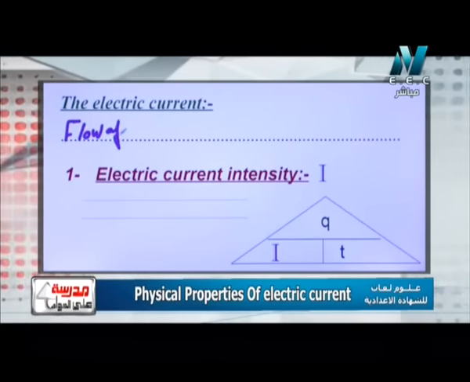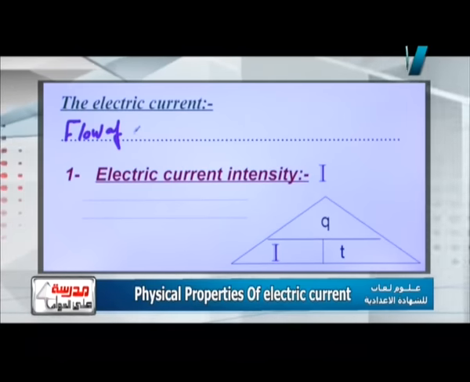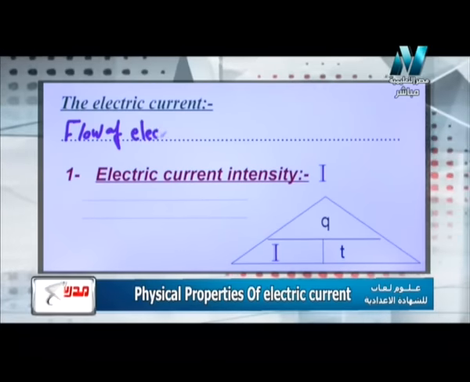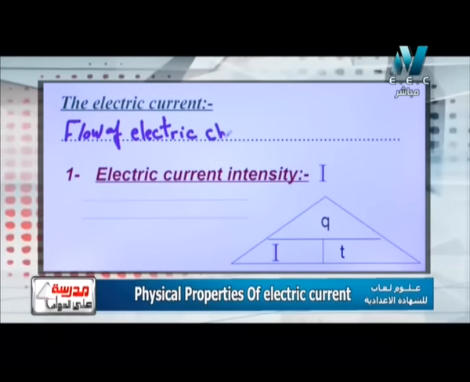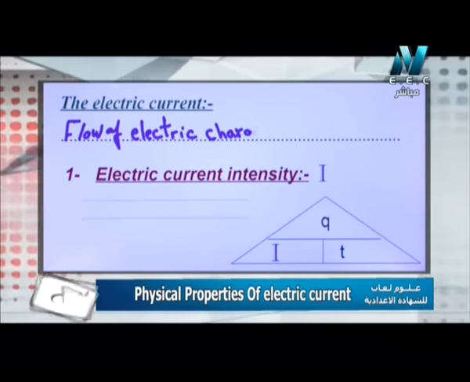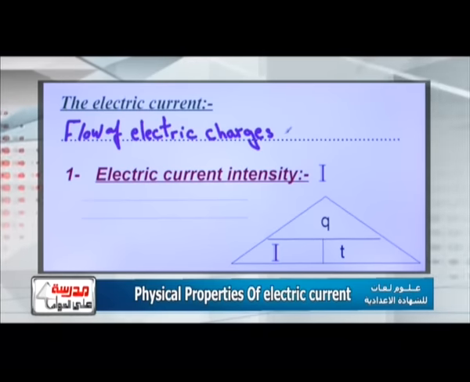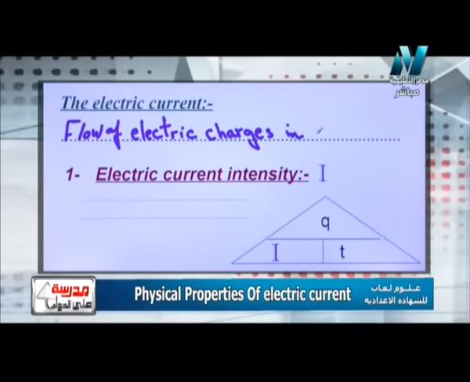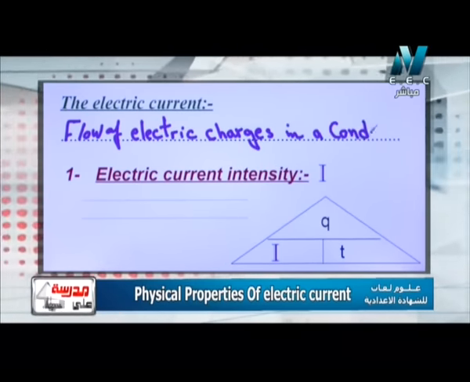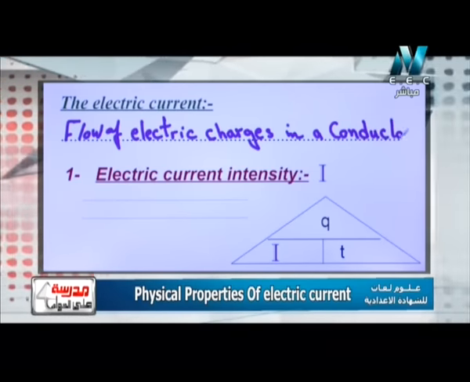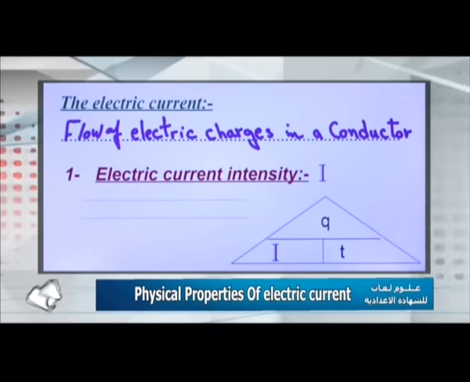of electric charge in a conductor. So we have to know what is meant by electric current.